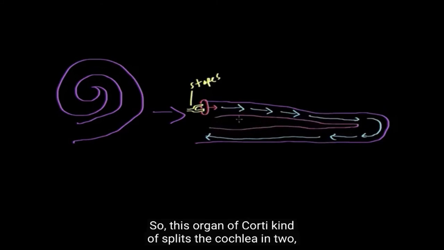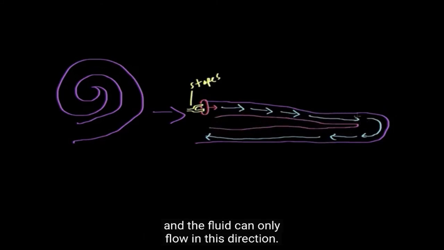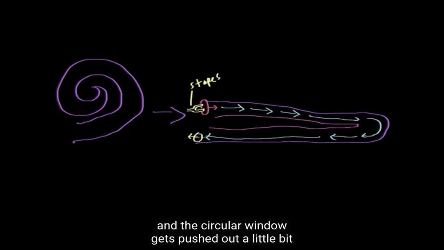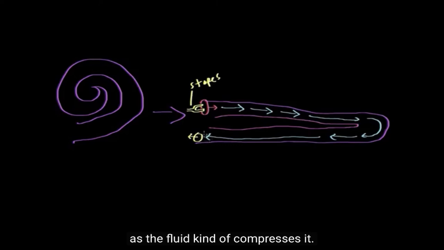This organ of Corti kind of splits the cochlea in two, and the fluid can only flow in this direction. So when the fluid gets over here, there's this little round window, it's actually called the circular window, and the circular window gets pushed out a little bit as the fluid kind of compresses it. So now you've got fluid flow back and forth around this organ of Corti.